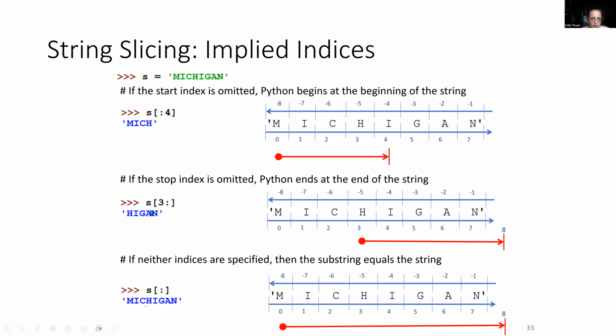So you'll get Mich. If the stop index is omitted, Python will similarly assume that you wish to go to the end. So if we go S of 3 to nothing, it will go from 3 to the end. If neither index is specified, then the substring will be exactly the same as the whole string. So you've basically sliced the whole string, or you didn't really do anything.